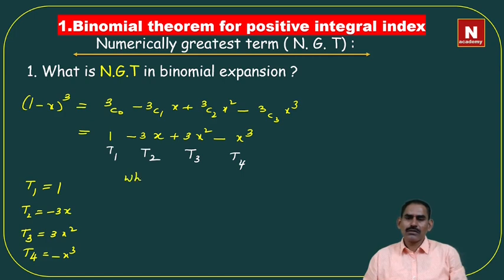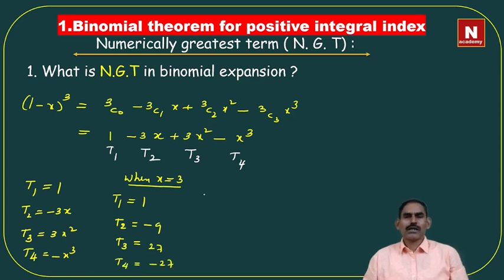Now when x equals 3, the respective terms will be t1 equals 1, t2 equals minus 9, third term 27, t4 fourth term is minus 27. We consider only numerical values. That's why I am taking absolute values of these terms.